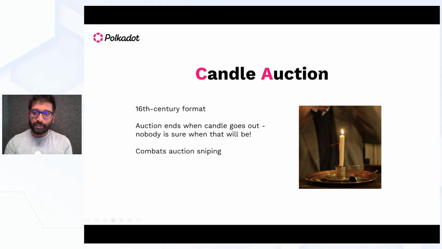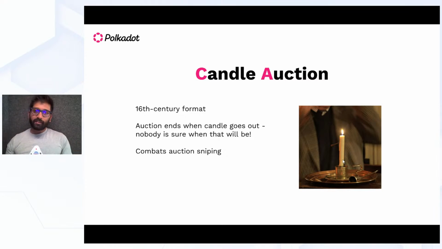The way the original candle auction worked was, a candle is lit, people start giving their bids, and at some point the candle is extinguished, or it crosses a certain line, so that the winning bid at that point gets the item.